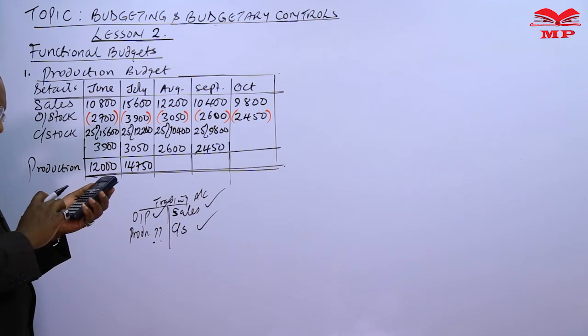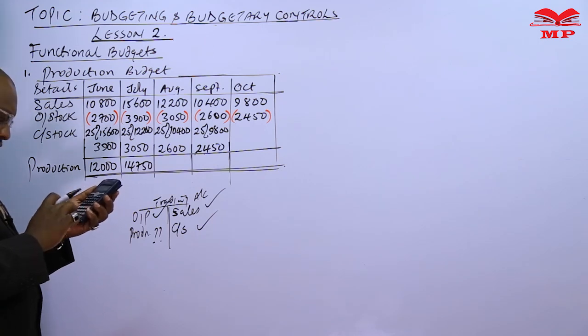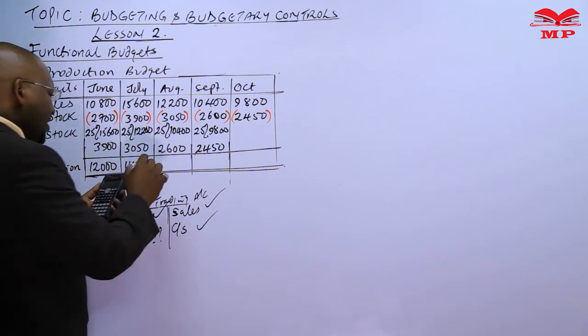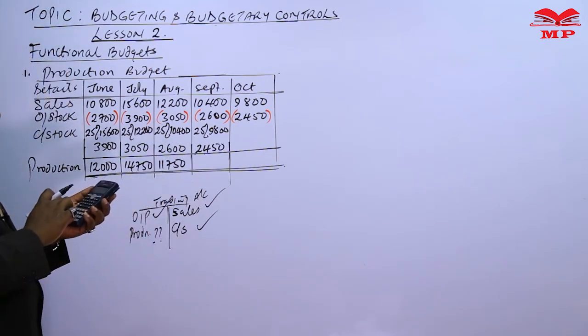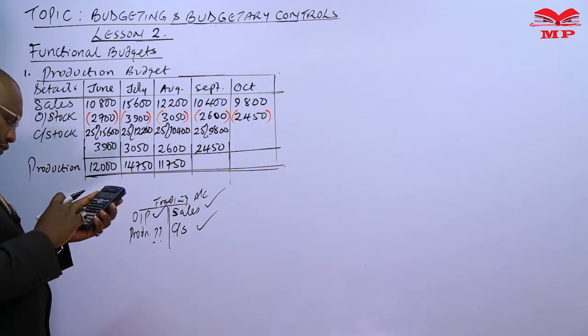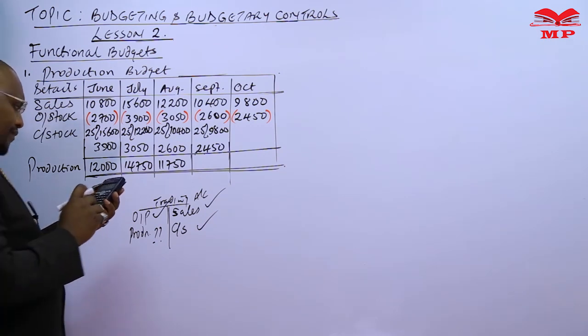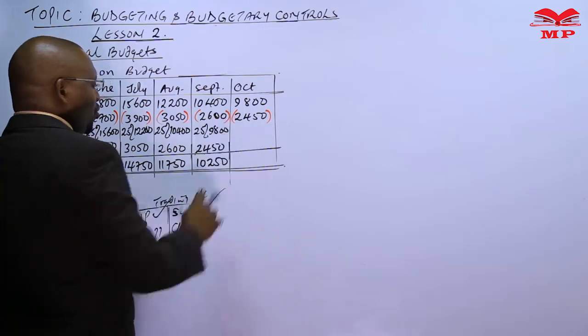The other one is 12,200 minus 3,050 plus 2,600. This is 11,750. Then 10,400 minus 2,600 plus 2,450. This is 10,250. That's what was required.